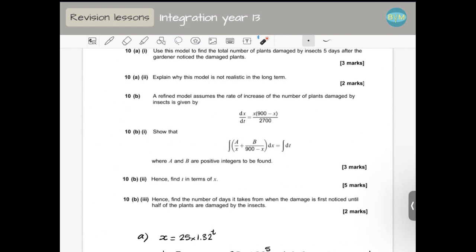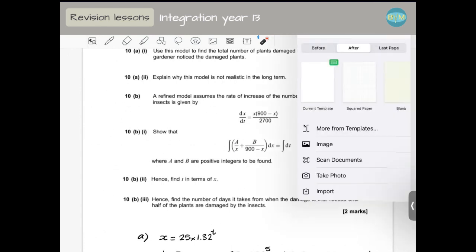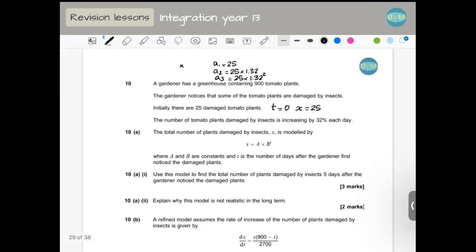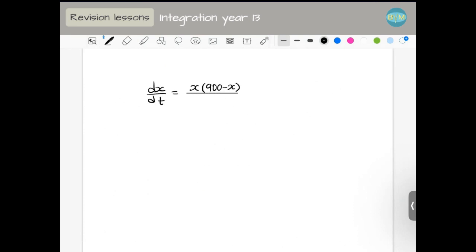So x times 900 minus x divided by 2,700. So we have to separate variables.